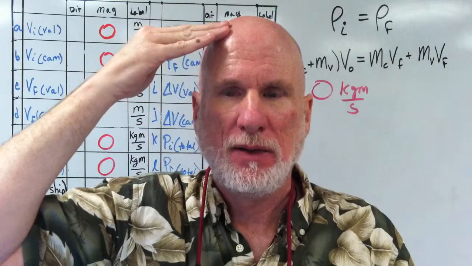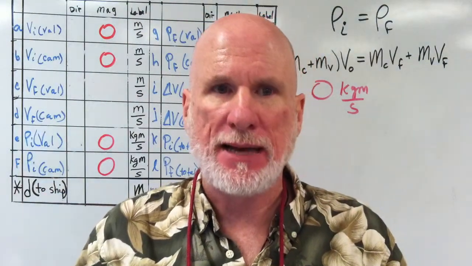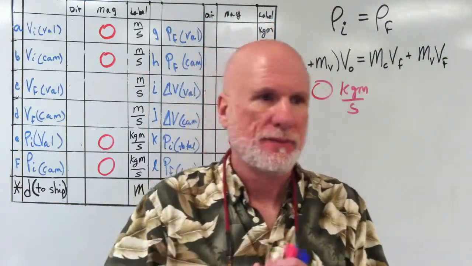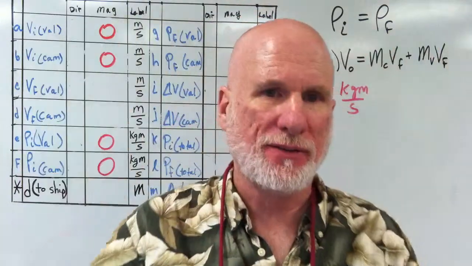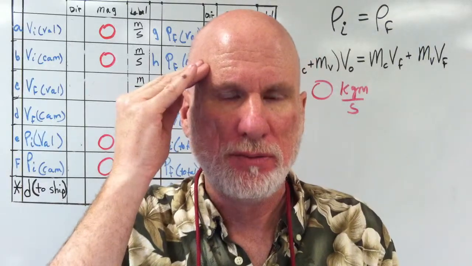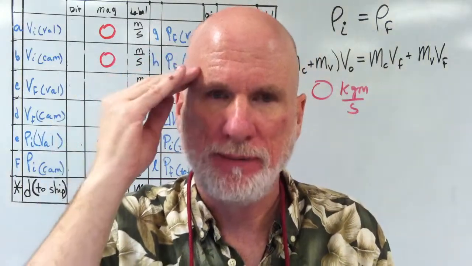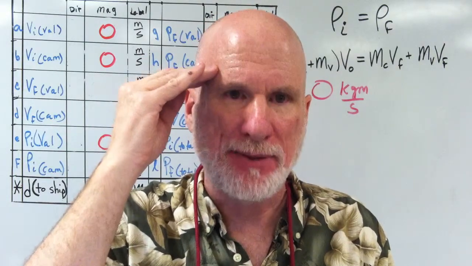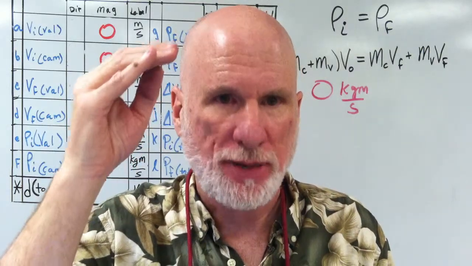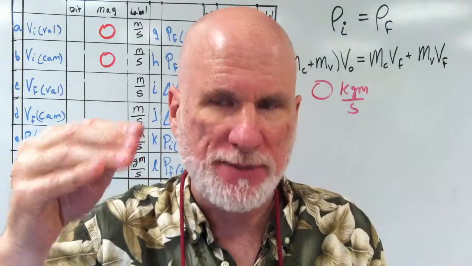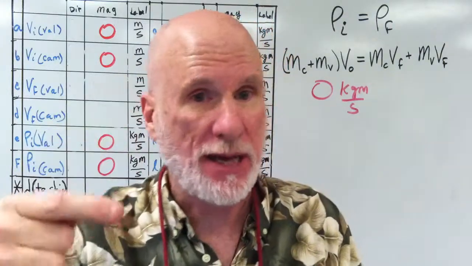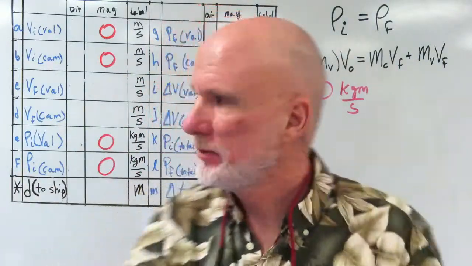Well, let's see. Read the problem. It says that she's carrying the camera, she's away from the ship. Let's not look at the problem too much right now. You've read it. I simply want you to know that there's an assumption that her velocity is 0, the camera's velocity is 0, initially. Therefore, their initial momentum is going to be 0. Valentina's initial momentum is 0, the camera's initial momentum is 0, the total initial momentum is 0. So I filled in the zeros.